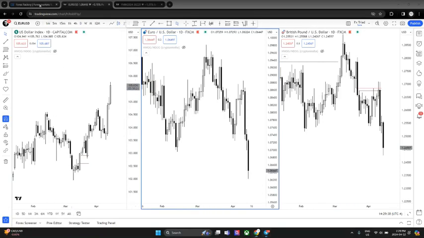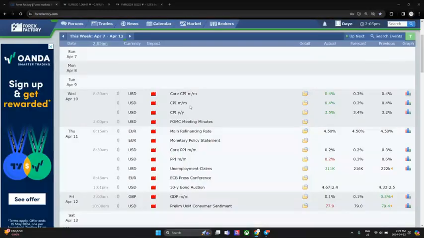So firstly, let's look back at the major time points, or the moments when liquidity was injected into the market, right? So that was Wednesday, where we had four high impact news event folders.